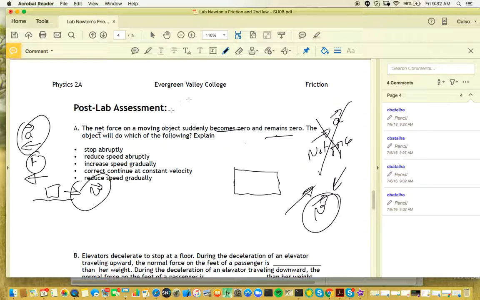So if this situation happened, did we stop abruptly? No. Reduce speed? No. Increase speed? No. The correct one is continue at a constant velocity. Yes. Reduce speed gradually, no.